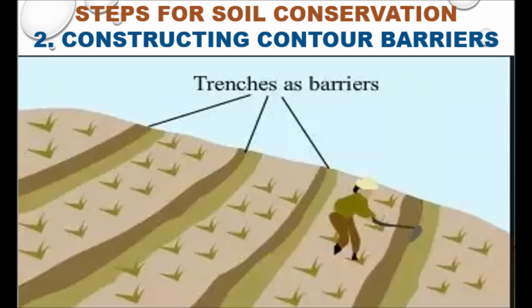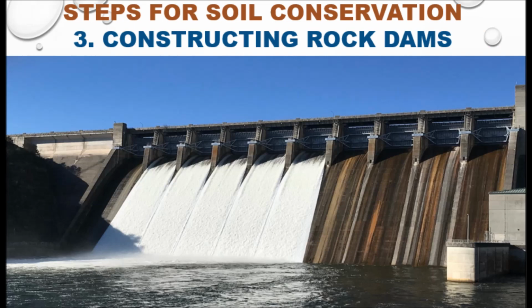Number 2, constructing contour barriers. Contour lines are completely level lines across a slope. Stones, grass, and soil are used to build barriers along contour lines, and trenches are made in front of the barriers to collect water. Contour barriers help to stop the flowing water and soil particles.